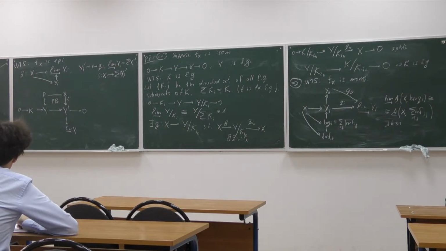Wait, I think you need the opposite arrow. Yeah, that might be correct. If I want the map from the limit, then this is determined by the components, but now I have a map to the limit.